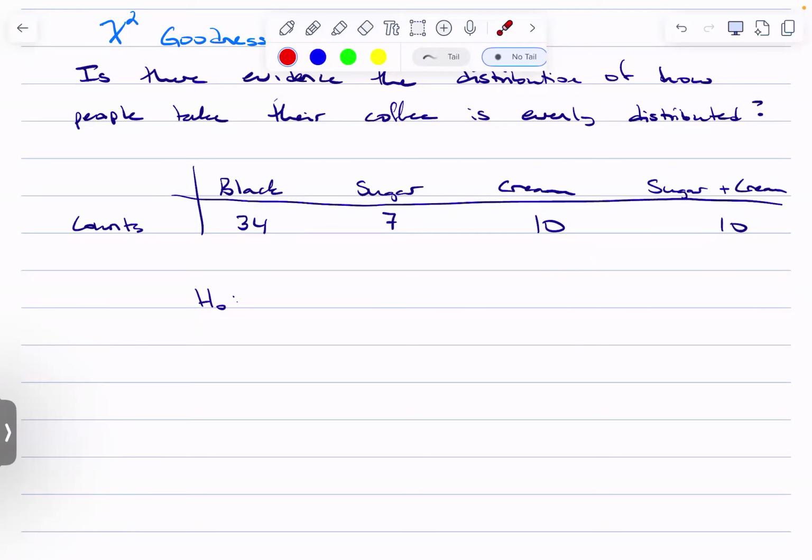I couldn't have made it any worse. We need our expected counts. If it's even, I expect, it's not too bad actually, 15.25 in each cell.